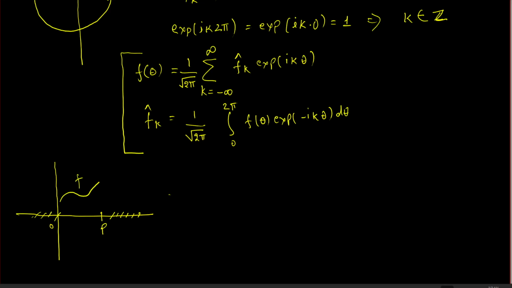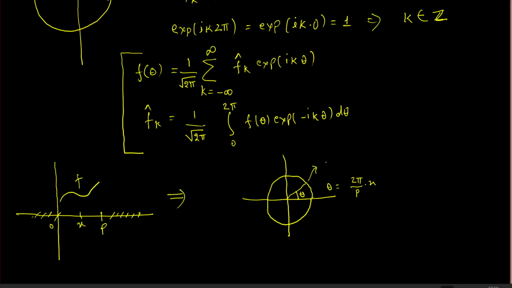Such a function can be mapped to a function on the circle by mapping a point x in this interval to angle theta, where theta is given by 2 pi by p times x, and mapping the value of this function f(x) at this point to theta.